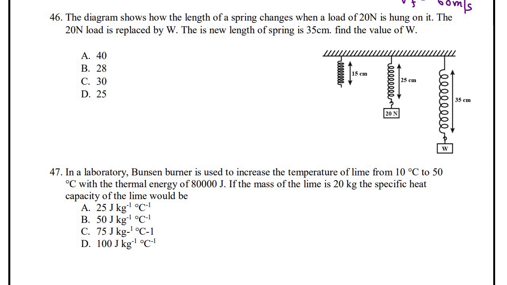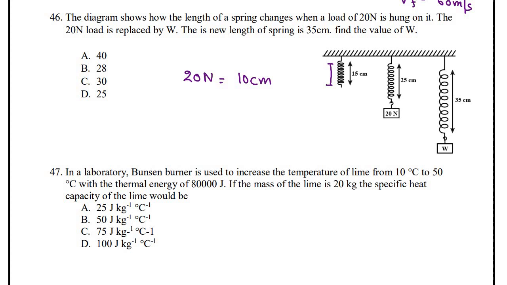So as we can see, 20 Newton of weight produces 10 centimeter of extension, because this 15 is the original length of the spring, and with the 20 Newton of weight the spring is stretched to 25 centimeter. So this means that 20 Newton force has extended the spring by 10 centimeters.